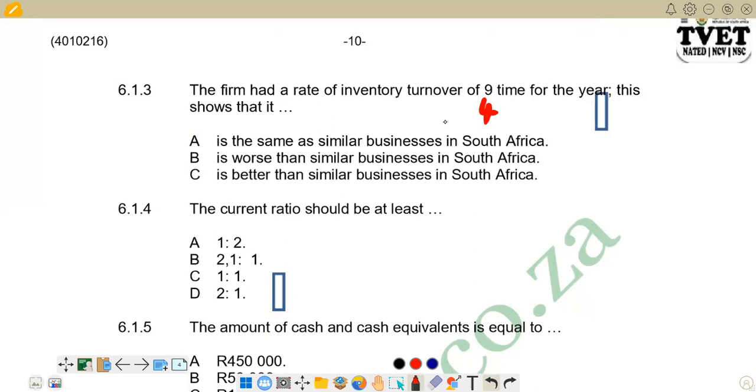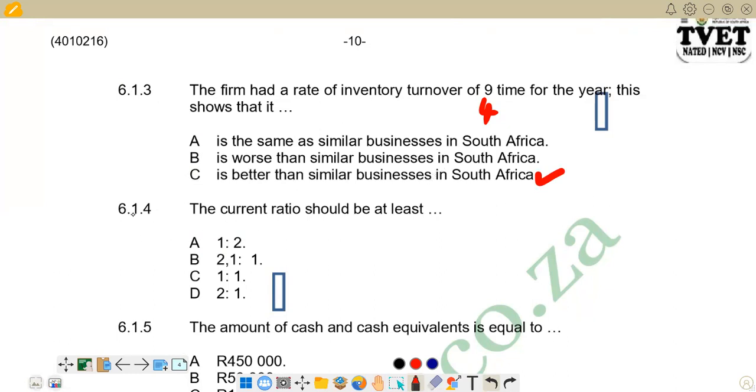It's not worse, because when we have a higher rate of inventory turnover, it means we are selling our goods at a higher rate. Goods are coming in and going out at a faster rate, and we are receiving cash time and again. So it's not a bad position, it's a good position. It cannot be a worse position, it can only be a better position. So you see that C, better than similar businesses in South Africa, is the most appropriate. So we have got C being the correct response.